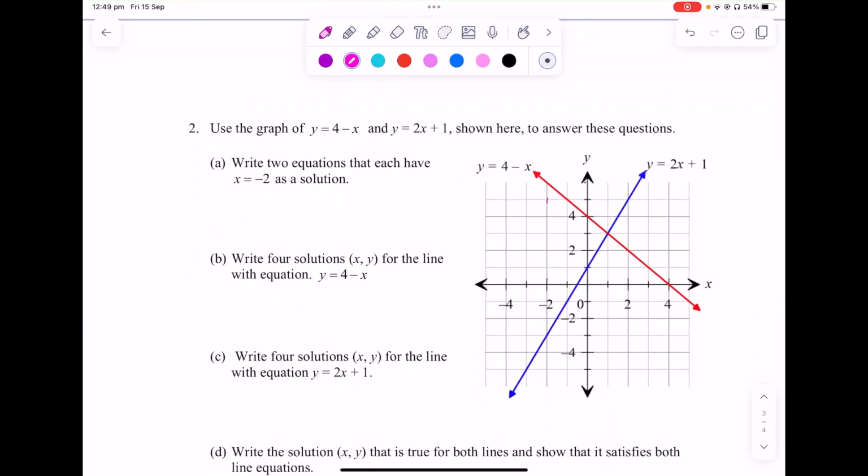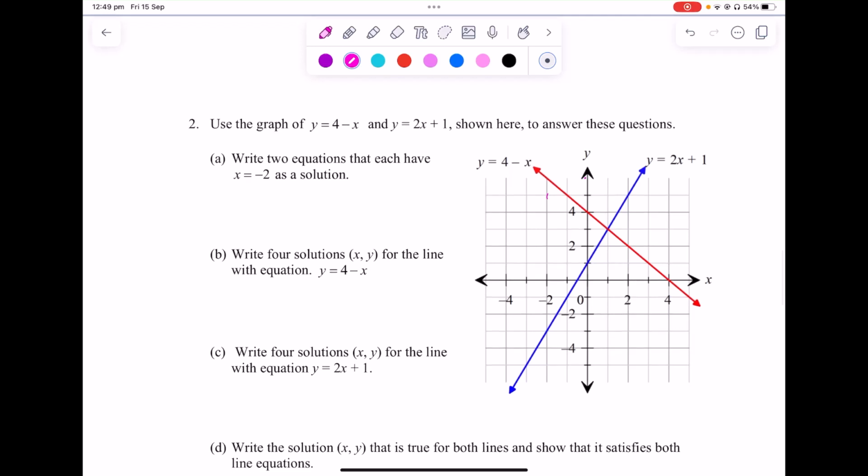And the last thing we have to do. Use the graphs of y equals 4 minus x and y equals 2x plus 1 shown here to answer these questions. Write two equations which each have x equals minus 2 as a solution. So I'm going to where I see x is minus 2. Here it is.